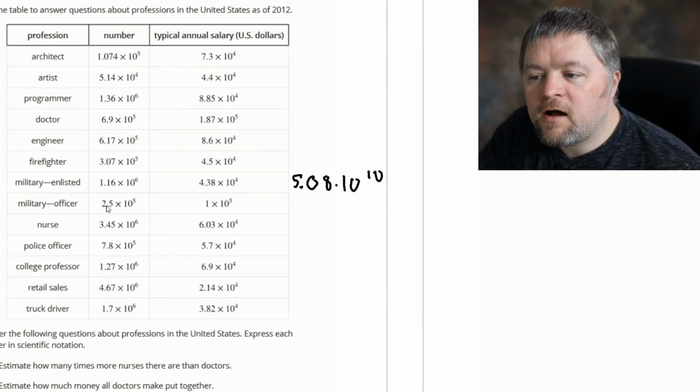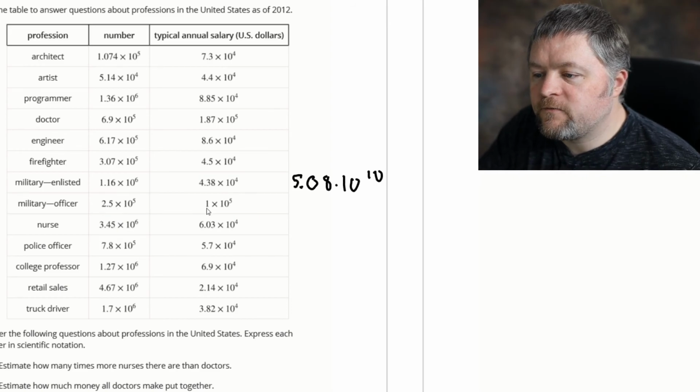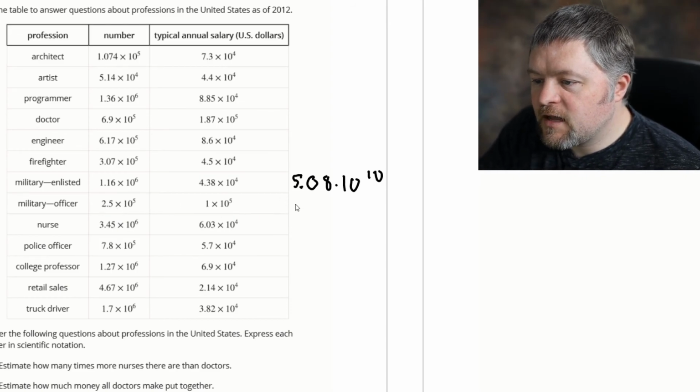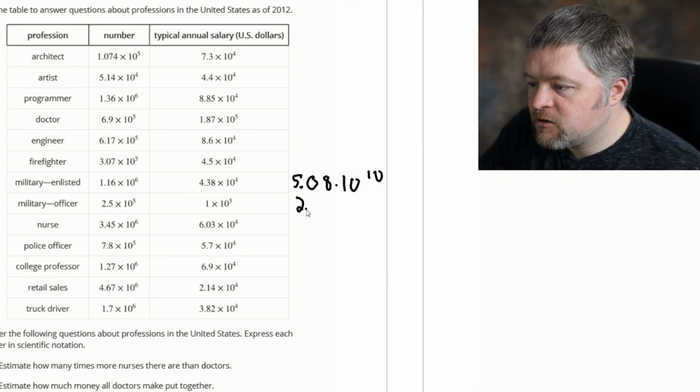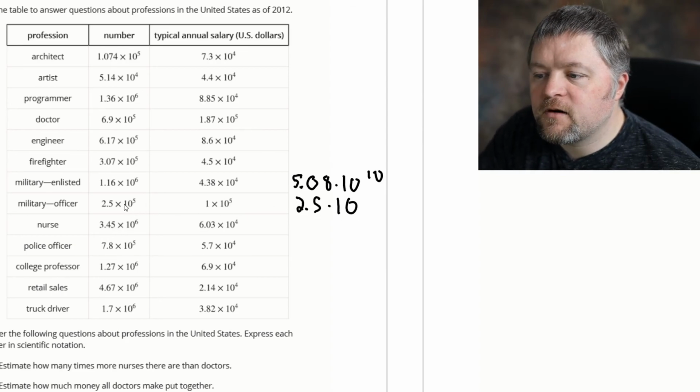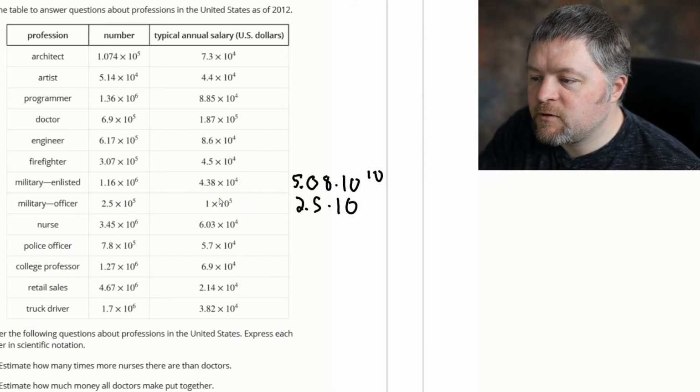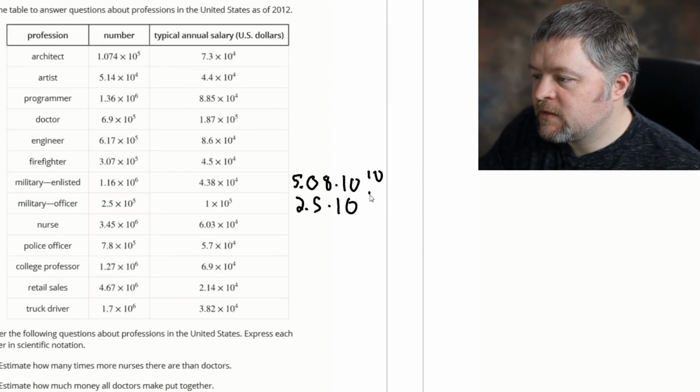Now for officers, 2.5 times 1, that's pretty easy multiplication. 2.5 times 10 to the power of, add the exponents, 5 plus 5 is 10.